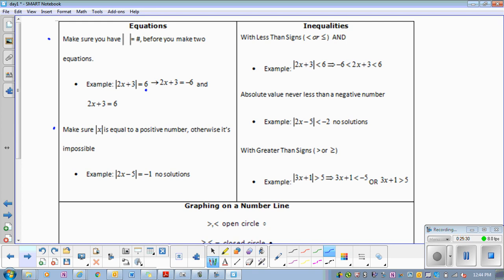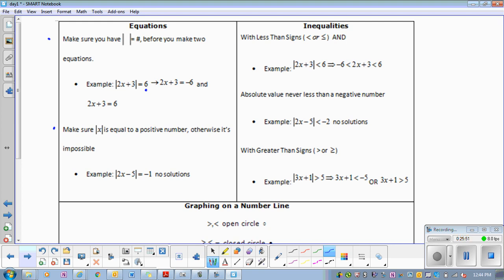Now, what happens is when you break it down into two, you have to remember that you change, what is it, change the sign? How should we say it? Flip the sign, and we make the number the opposite too. Okay? So the first one stays exactly the same.